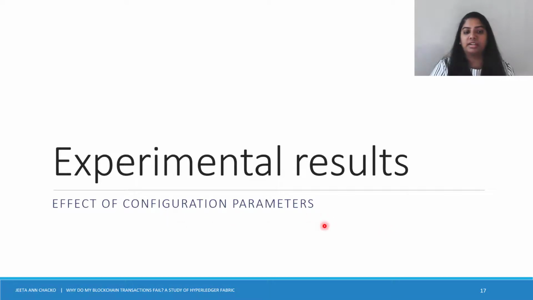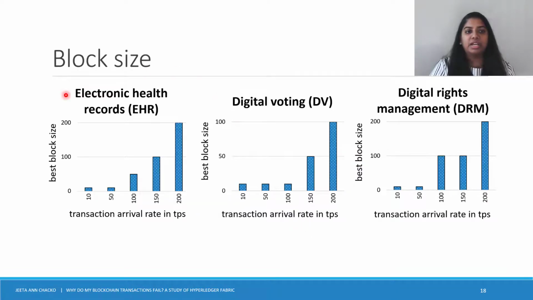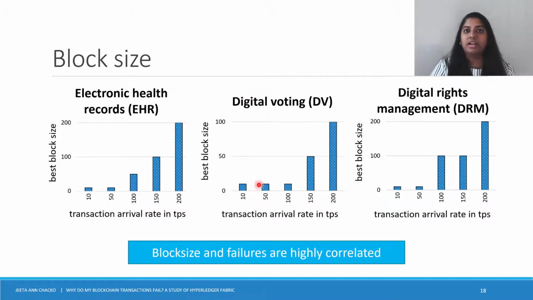The first set is regarding the effect of the different configuration parameters. In these 3 graphs, we measure the best block size, which is the block size at which the transaction failures are the least, at different transaction arrival rates for 3 different chaincodes. We can see that the best block size has a high correlation with the transaction arrival rate as well as different chaincodes.